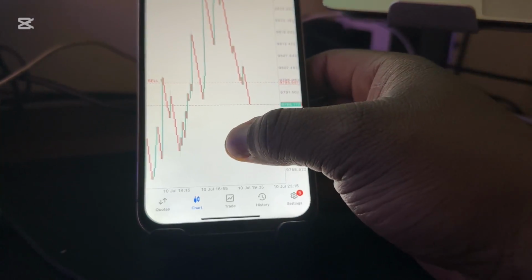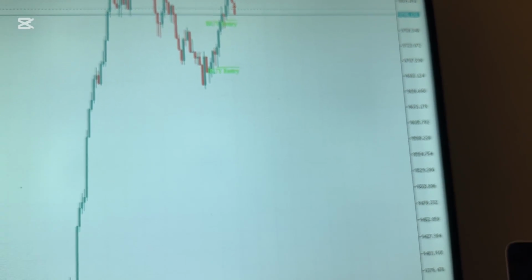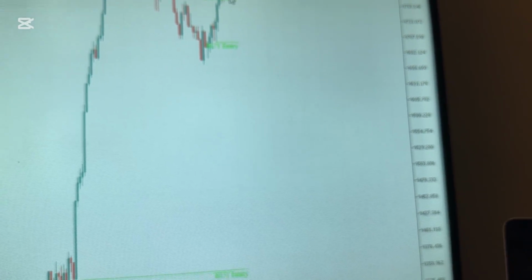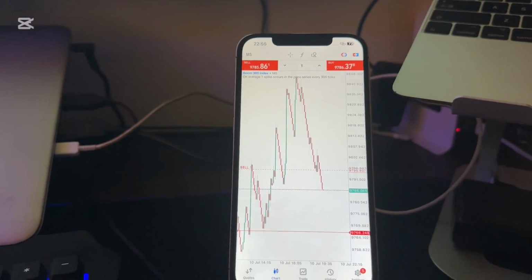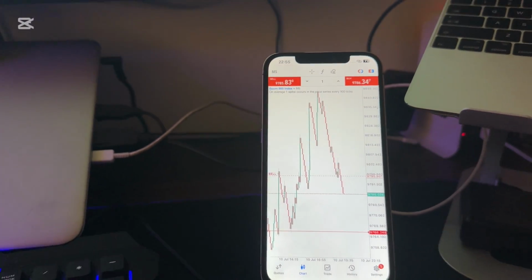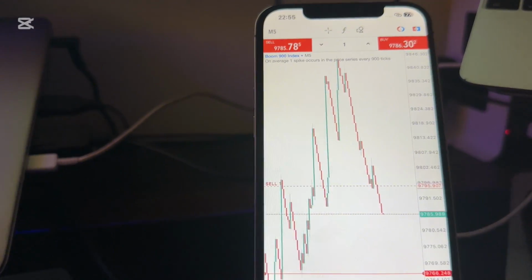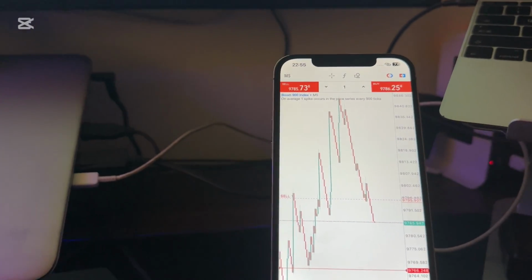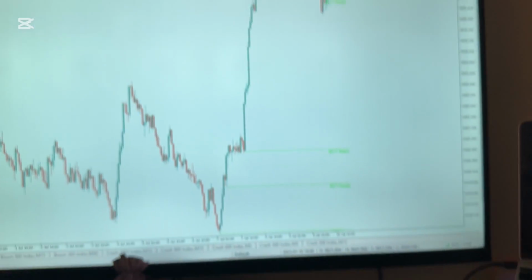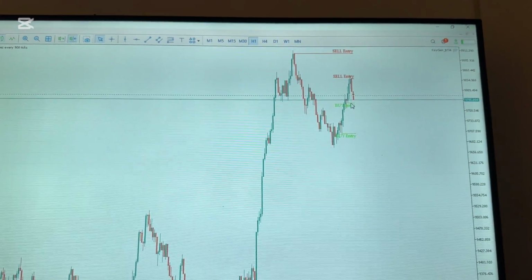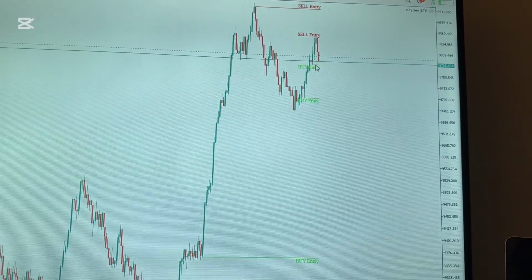So we're going to wait and see, because that level is somewhere around here, and that's the price level we're kind of targeting, if I'm not mistaken. So let's wait and see. But otherwise, we are deep in profit because of the lot size that we're using, and we were dealing with the 5 minute time frame here. So we know that we're not going to be in for hours on this trade.